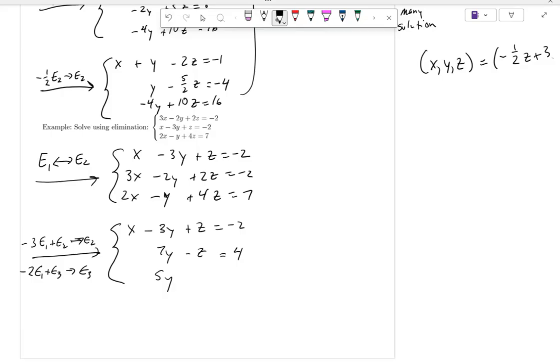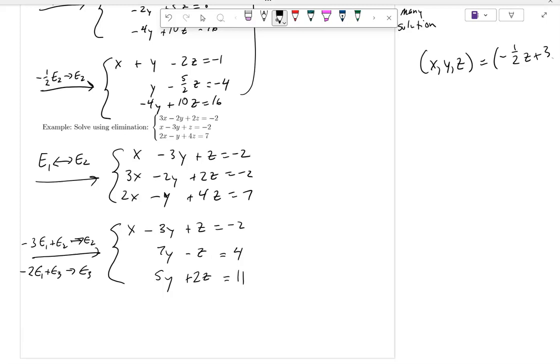Negative 2 times z plus 4z gives us, is that z plus 2z? Because it's minus 2 plus 4? Yep. It's easy to make little arithmetic mistakes here. Negative 2 times negative 2 is positive 4. 4 plus 7 gives us 11. So far, so good?